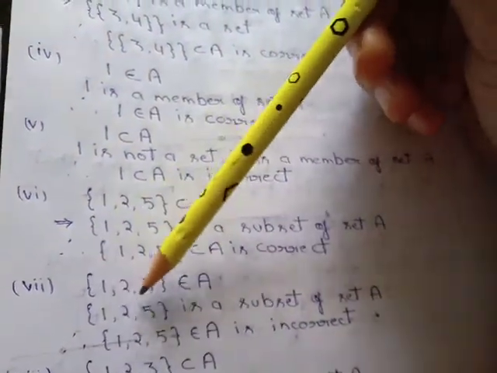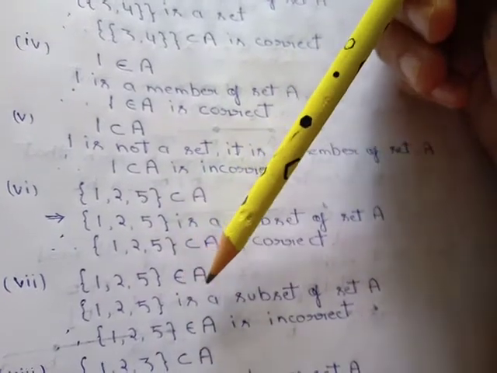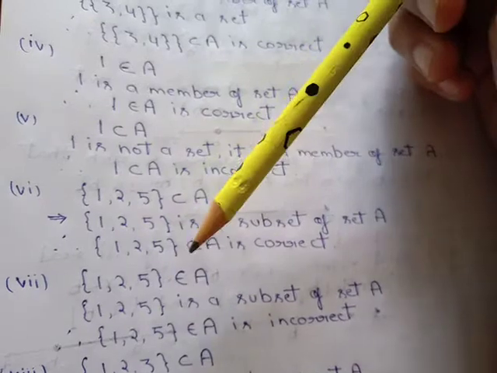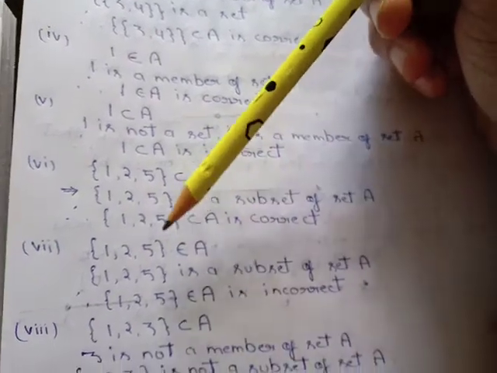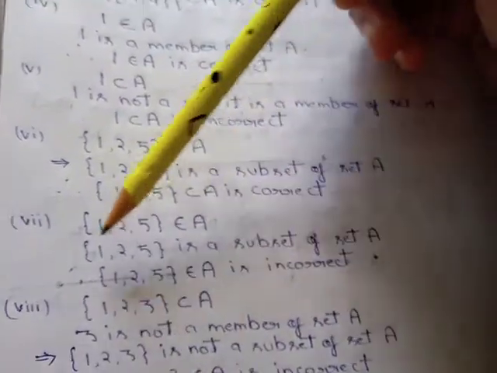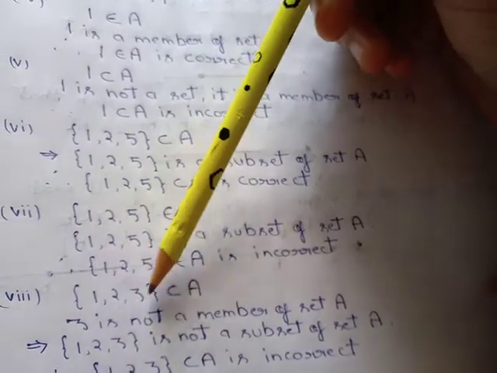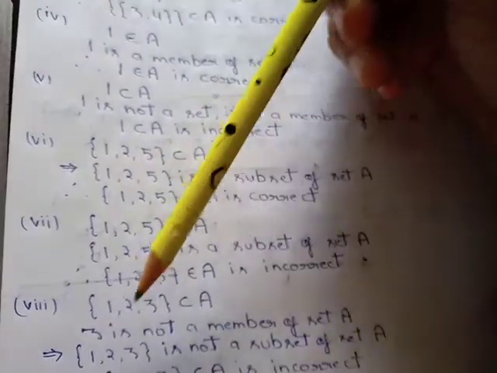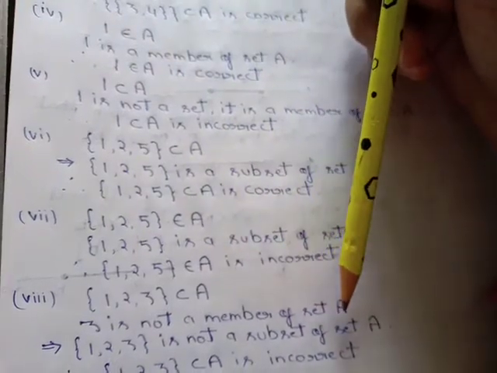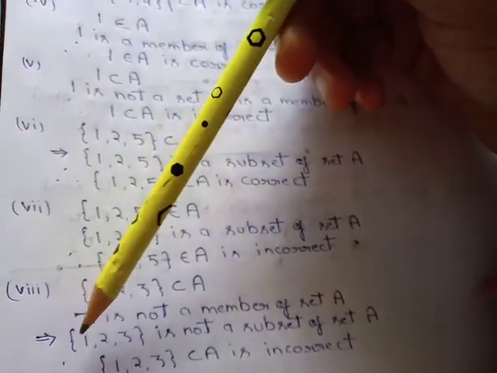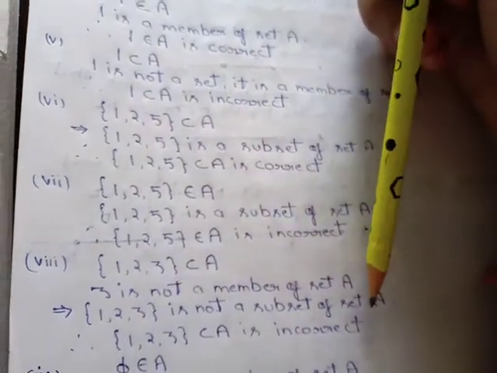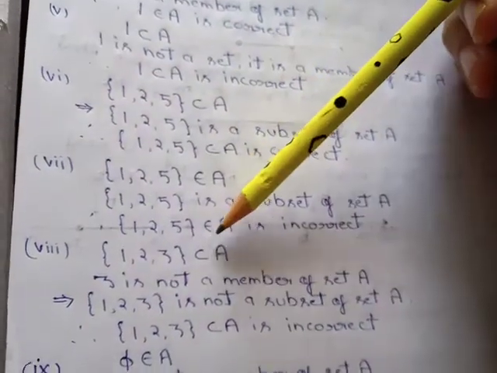Now next: {1, 2, 5} belongs to set A. So {1, 2, 5} is a subset of A. It shows that the given statement is incorrect. Now next: {1, 2, 3} is a subset of A. 3 is not a member of set A. It shows that {1, 2, 3} is not a subset of set A. Therefore this statement is incorrect.